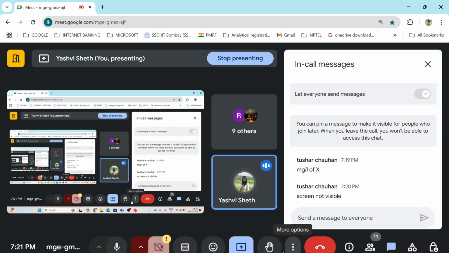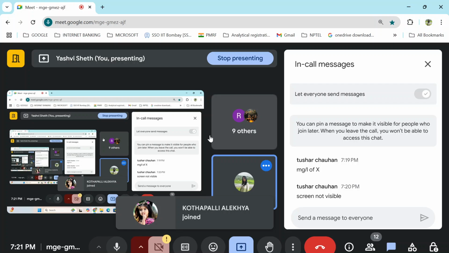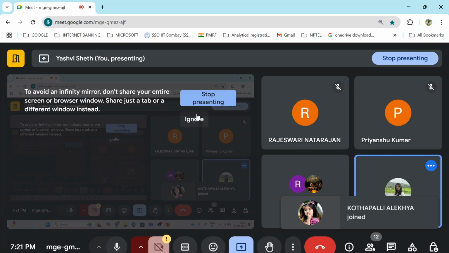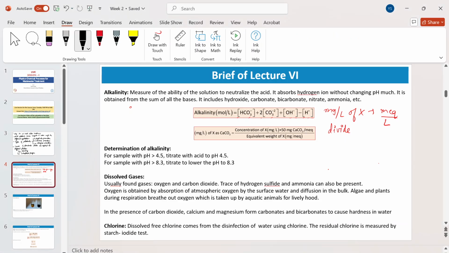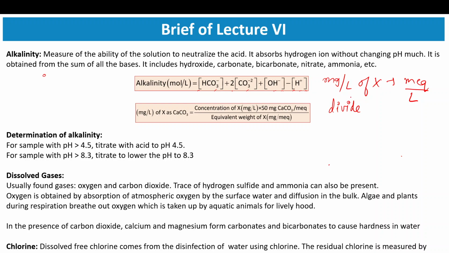Yeah, is it visible now? Yeah. So in that case, we divide this concentration by the equivalent weight.